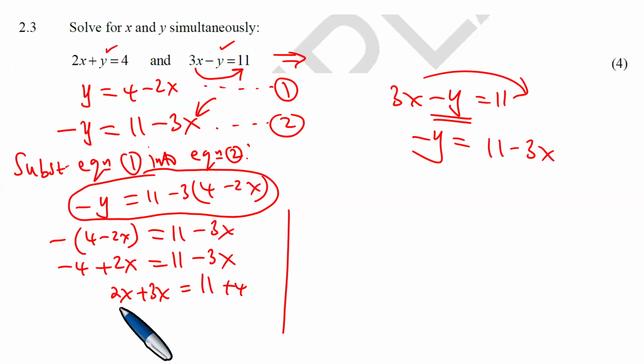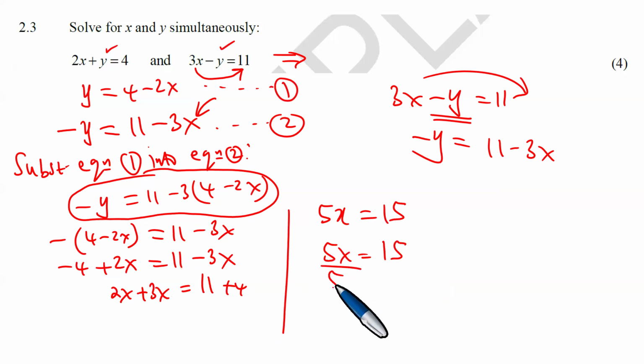And what is 2x plus 3x? 5x. 11 plus 4 is what? 15. What do we do here? Divide both sides by 5. And what do we get if we divide both sides by 5? We get 3, and that's the answer.